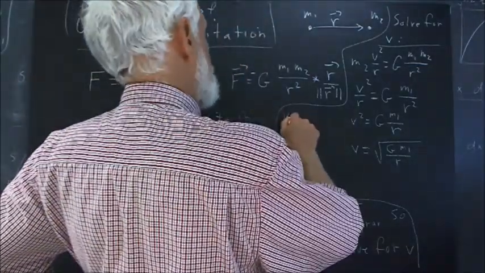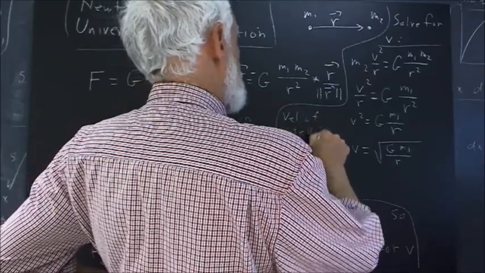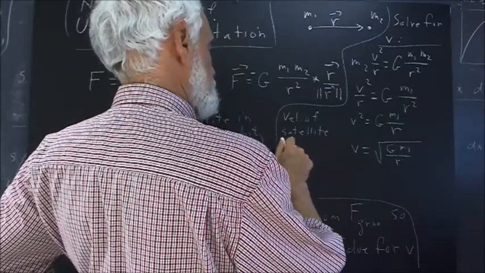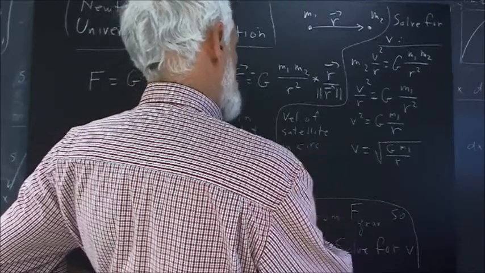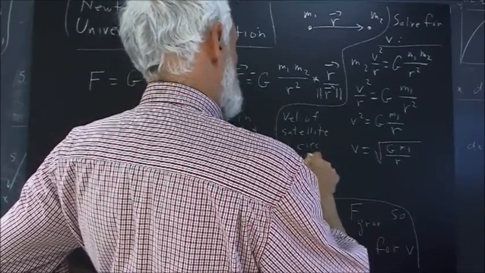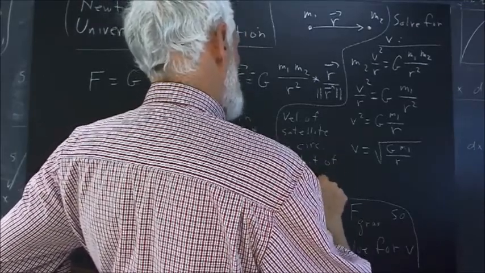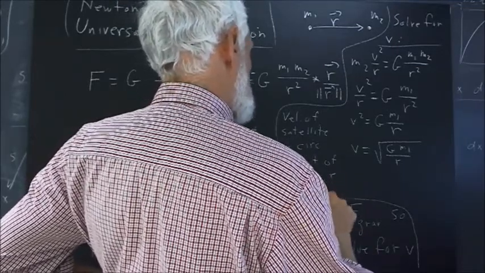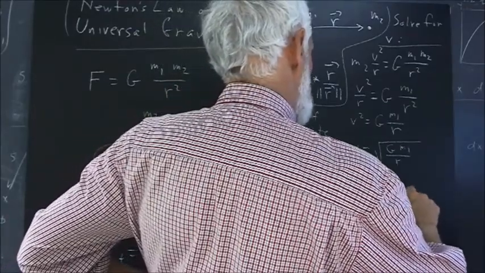So this is the velocity of a satellite in a circular orbit of radius R about a planet of mass M.